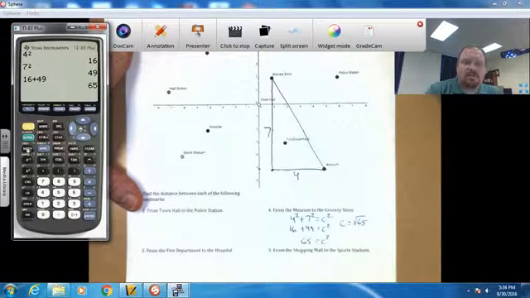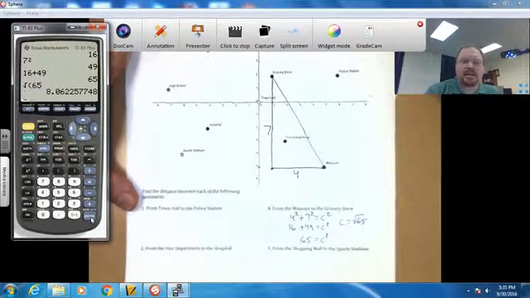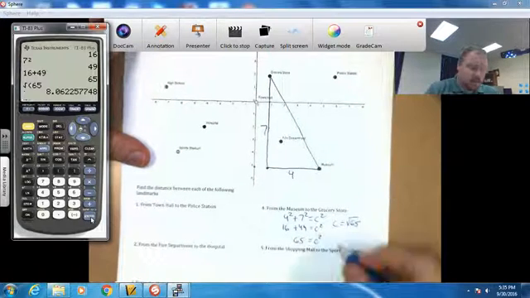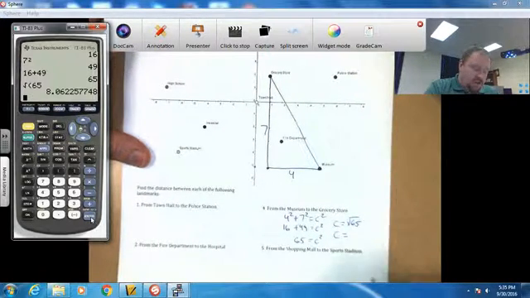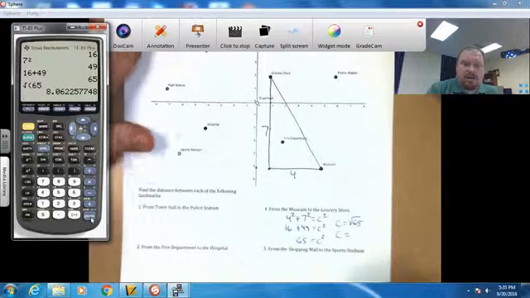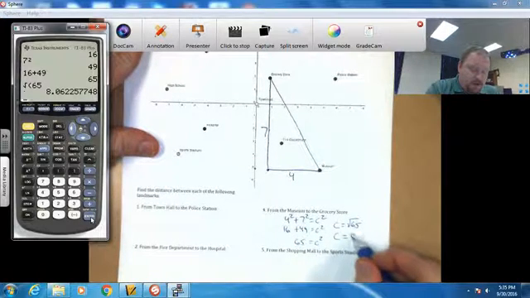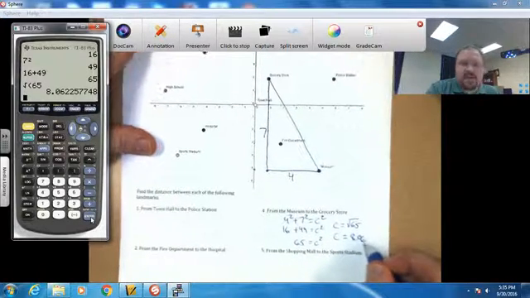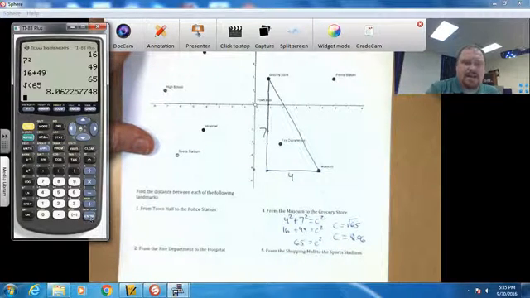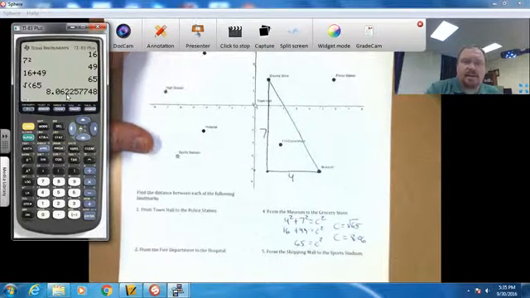So, second, x squared, to make the square root appear, and then 65. Hit enter, and it says it's 8.06. So you could either say 8.1 or 8.06, and 6 would be appropriate because the next number over is a 2.